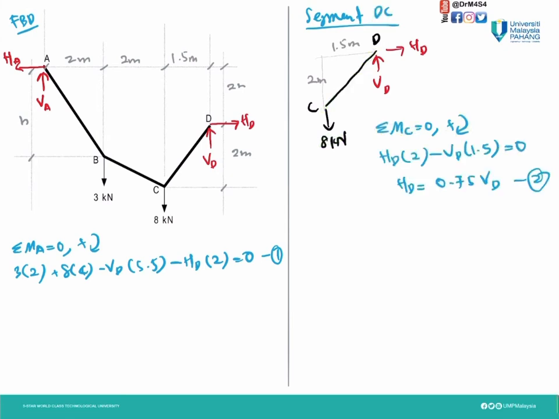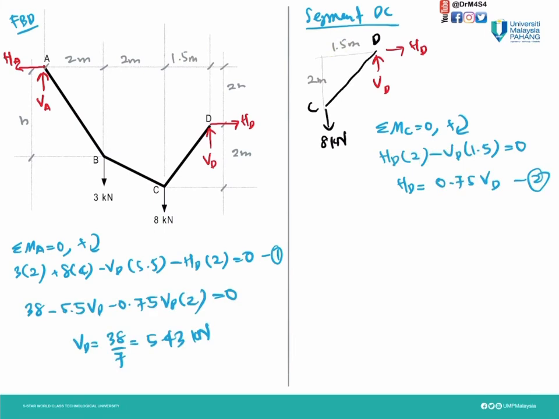Then we have HD to point C times 2. Then VD to C is anti-clockwise, so negative VD. The distance for that one is 1.5, equal to 0. So we have the equation HD equals 0.75 VD for the second equation.